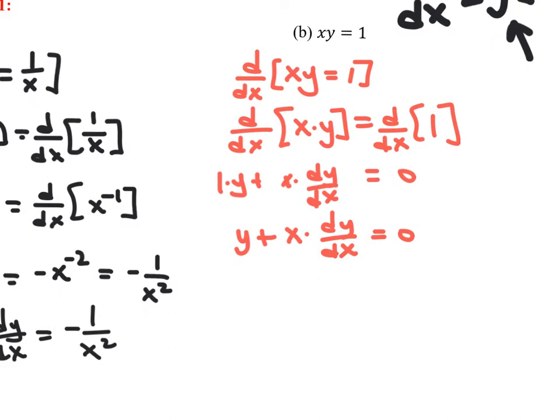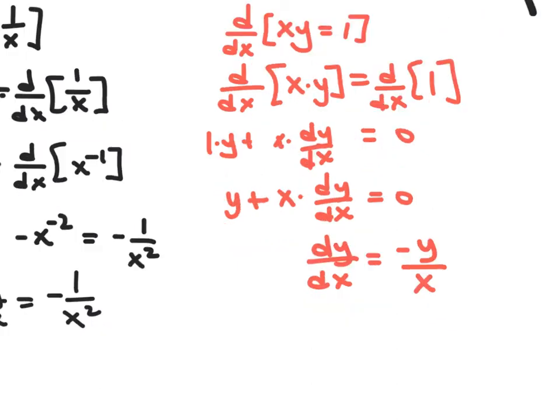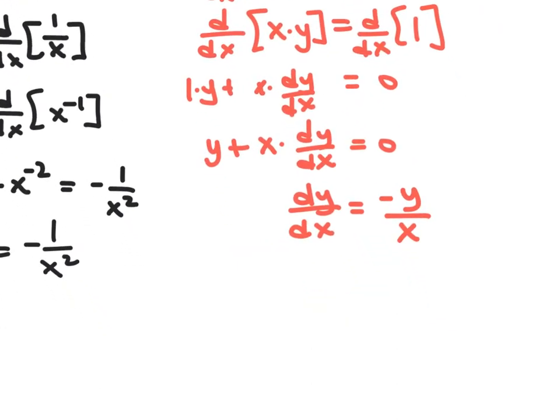Okay, I want to isolate dy dx. So I subtract y and divide by x. So dy dx would equal negative y over x. Now one thing I want to isolate here is, what is y?